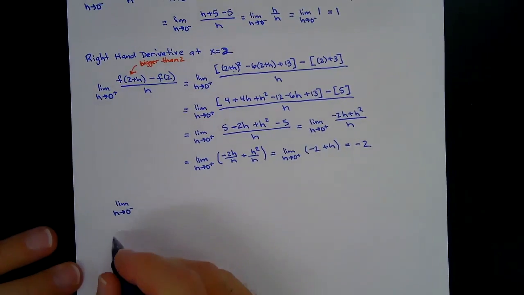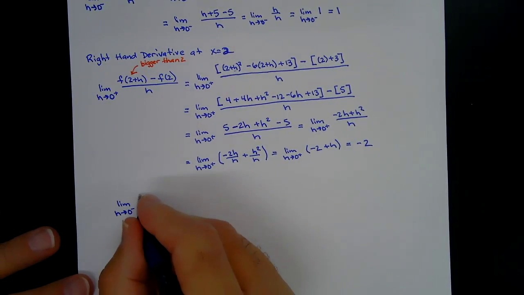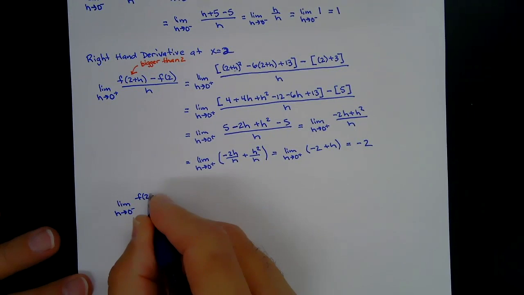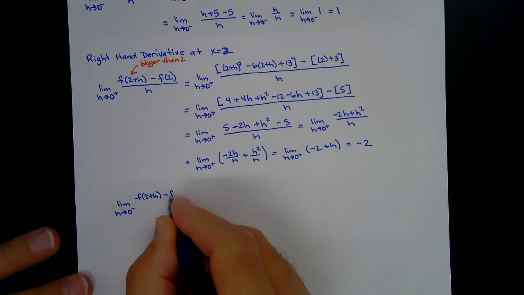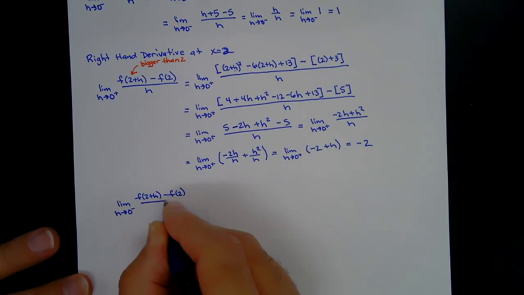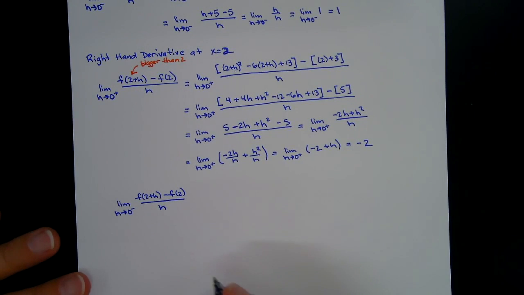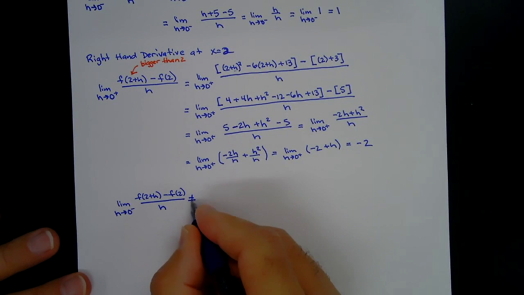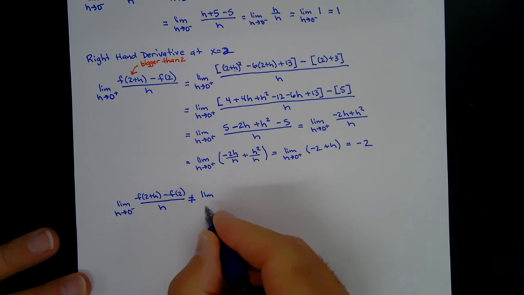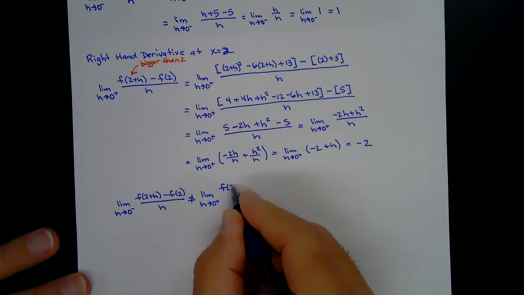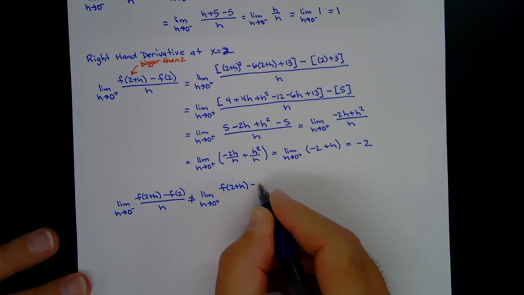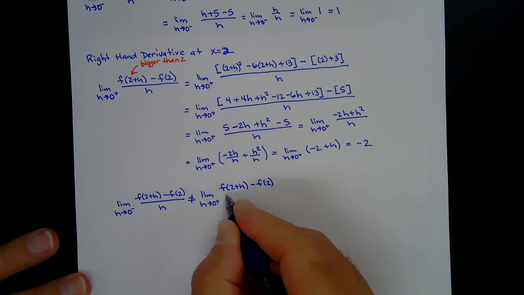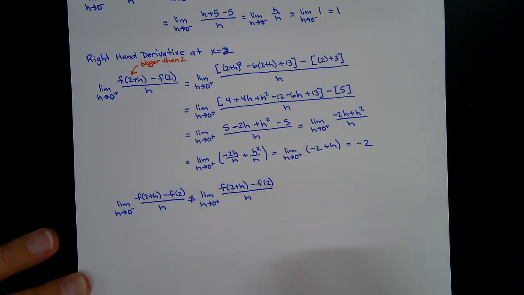The limit as h approaches 0 from the left of f of 2 plus h minus f of 2 over h does not equal the limit as h approaches 0 from the right of f of 2 plus h minus f of 2 over h.